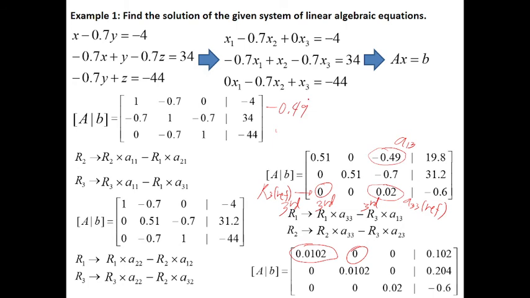Multiply natin ng A33, 0.02, minus R3 third element, 0.02, times A13, negative 0.49. And what shall we get? We will get 0.